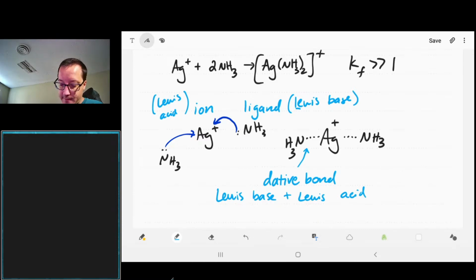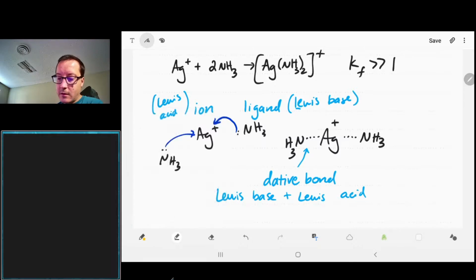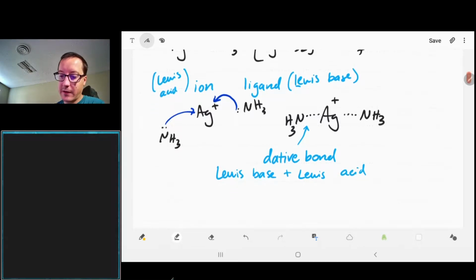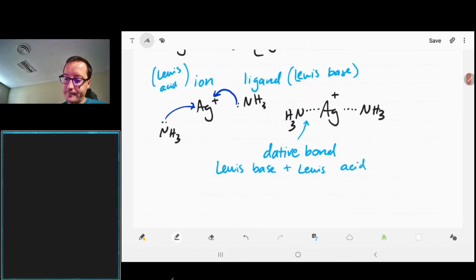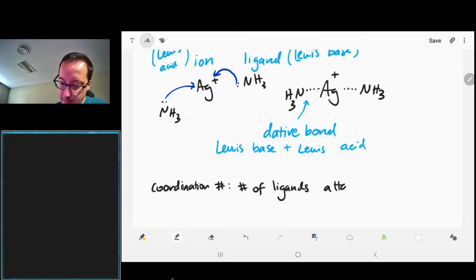So, how these actually work, we have a couple of terms to talk about here. One of them is the coordination number. And that will be the number of ligands attached to your metal ion.